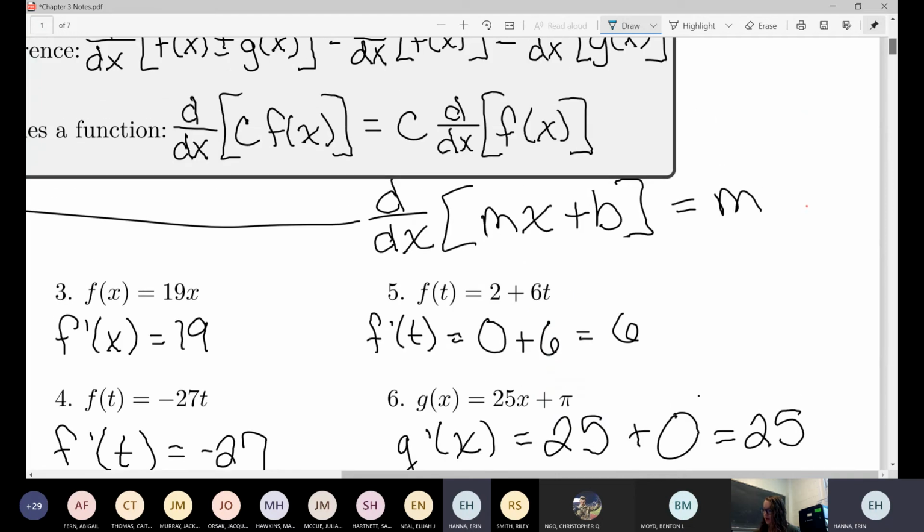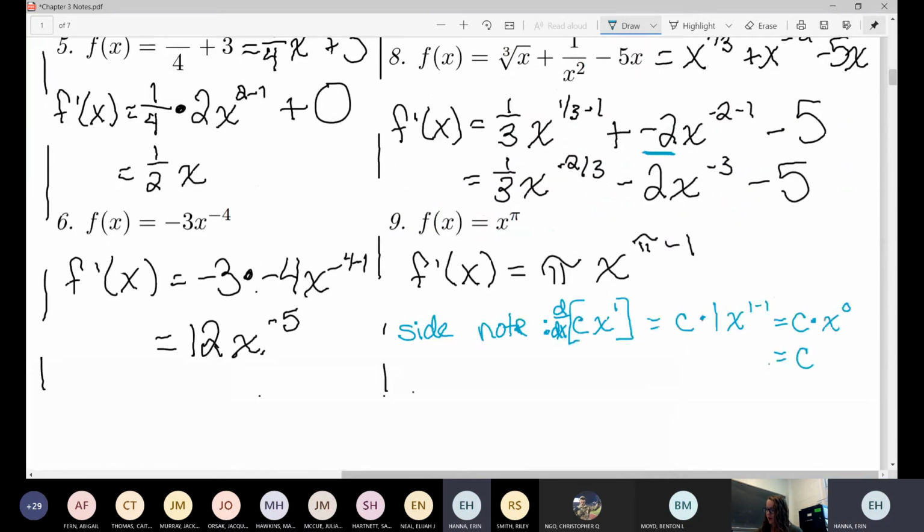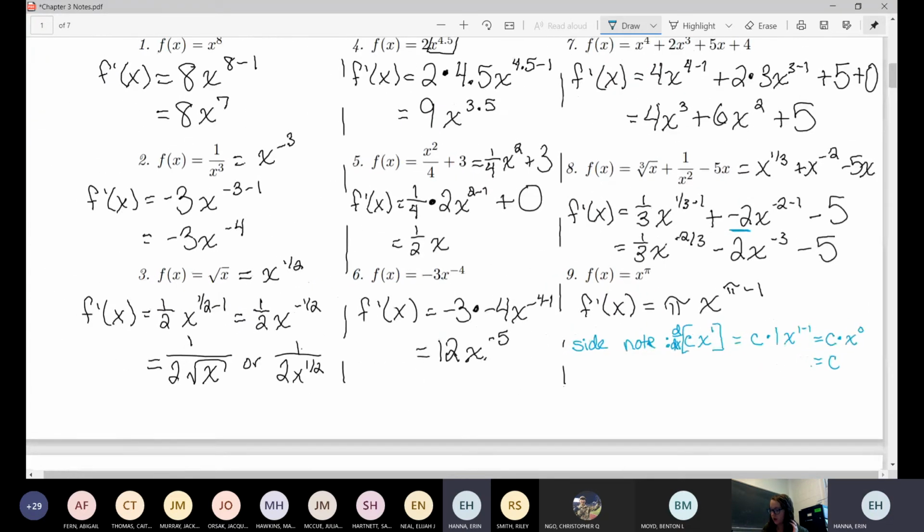But in the one we were just looking at, the pi was the power. So now it's a power of a variable. So it's not just pi by itself. Since it's attached to that variable, it's a completely different rule. But no, that was a good question. Any more questions before we move on?